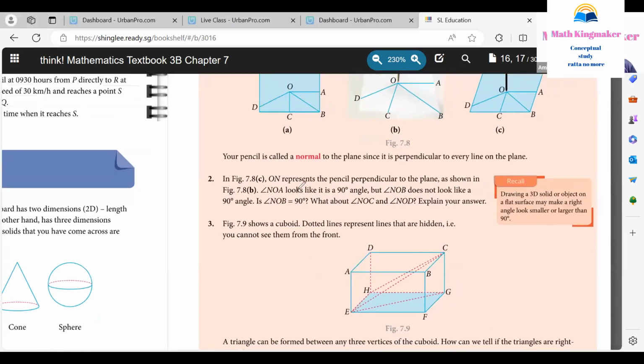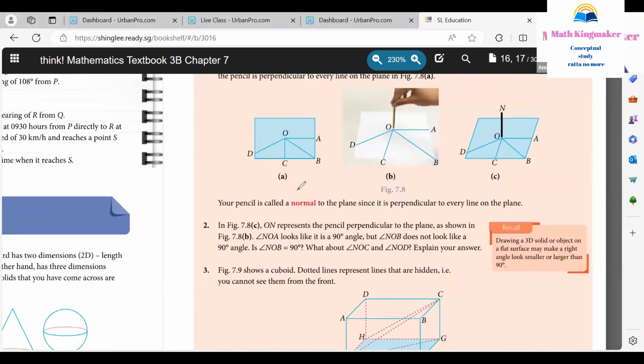Now in figure 7.8c, ON is your pencil, representing the pencil perpendicular to the plane as shown in figure 7.8b. Now NOA looks like a 90-degree angle, but NOB doesn't look like 90.